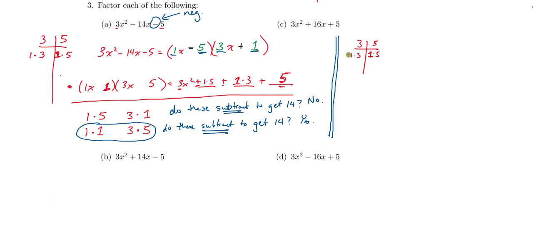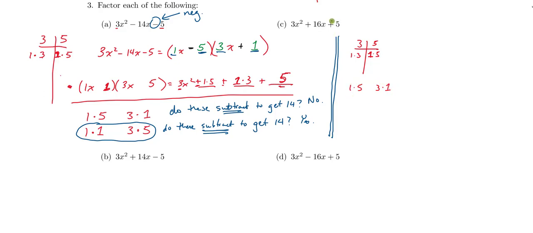I'm going to take 1 from each of these pairs and multiply it to 1 from each of these pairs. And then I'm going to do the same with their partner values. So let's go ahead and do 1 times 5. And then we're going to check also 3 times that script 1. And we're checking to see if we get the correct middle term.